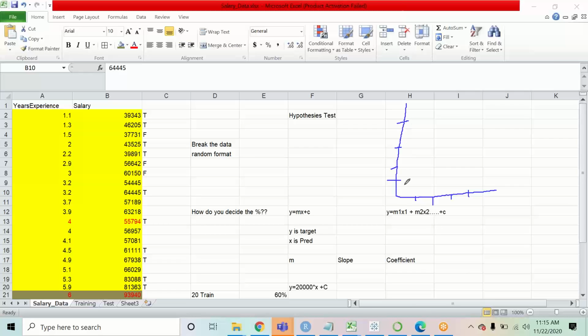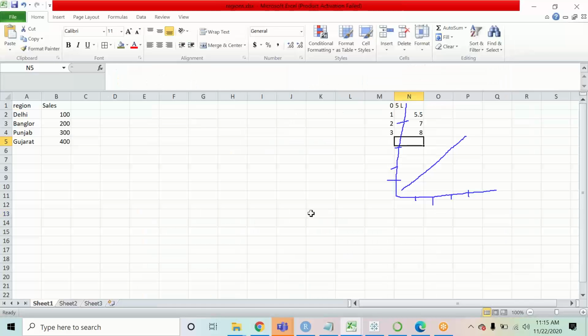Will you be able to make a predicted line on that? Yes. You will come up with this equation after that, y equals mx plus c. This is the same equation that I have in the model also.